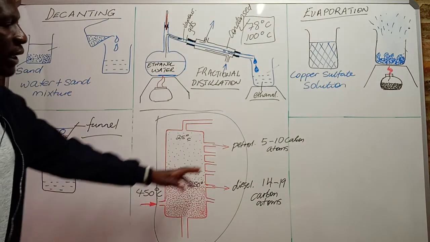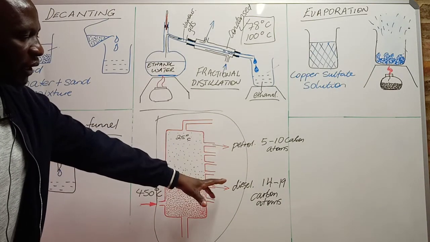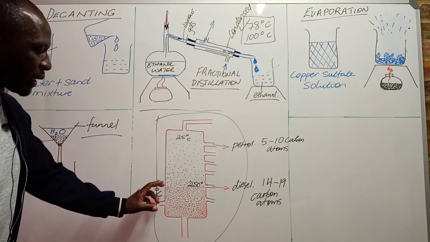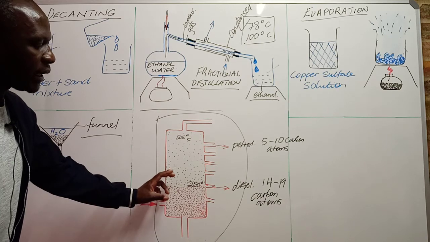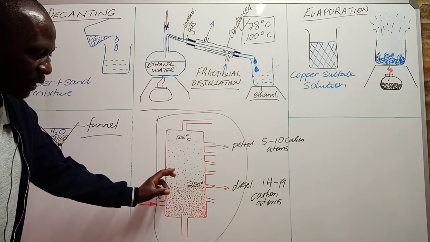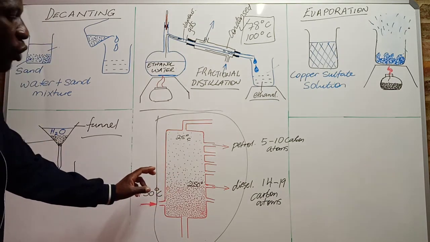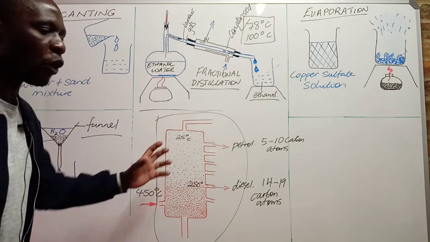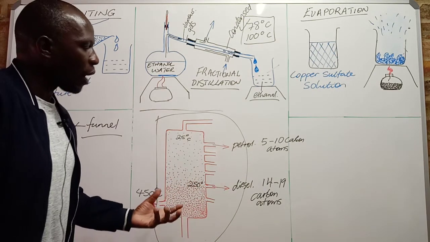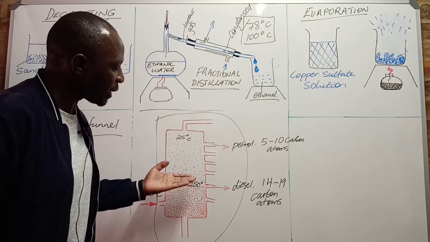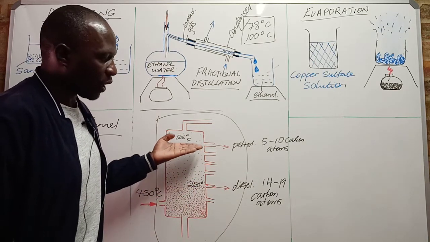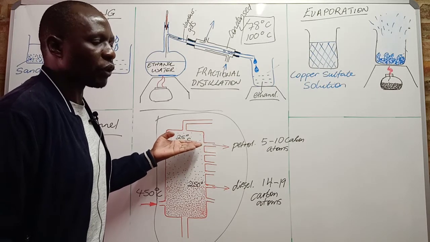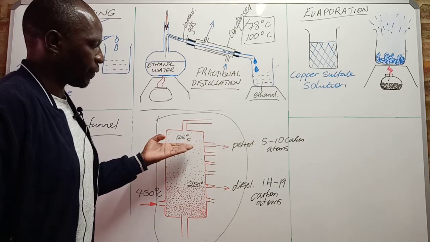Since the density of diesel is more than the density of petrol, it means that diesel has a tendency of turning into liquid at the lower level because it is heavier. Petrol will have the tendency of turning at a higher altitude because it is lighter.